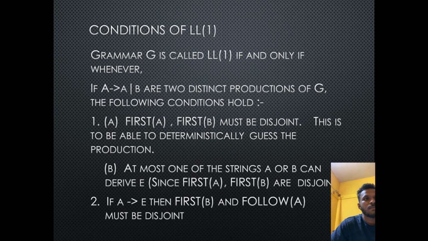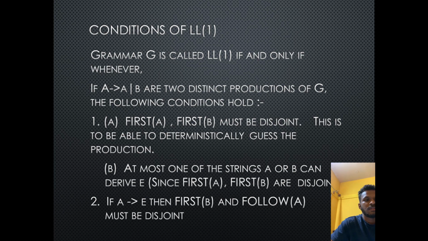The conditions of LL(1): a grammar G is called LL(1) if and only if, whenever A → α | β are two distinct productions of G, the following conditions hold. First, FIRST(α) and FIRST(β) must be disjoint. This is to be able to deterministically guess the production.